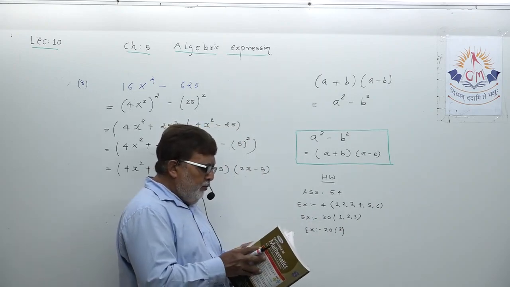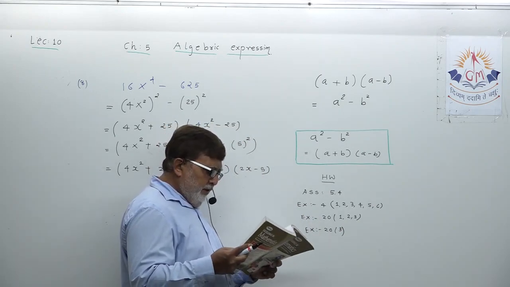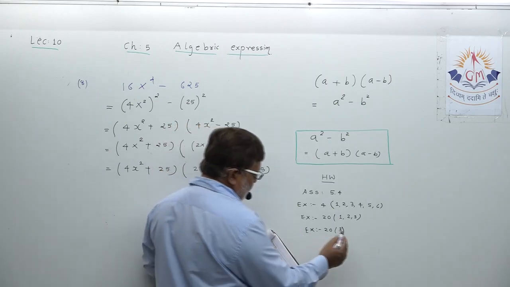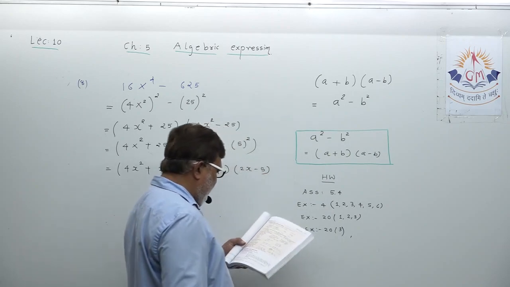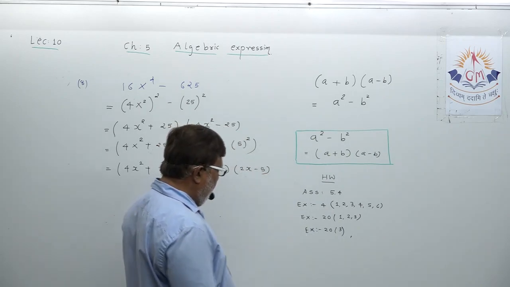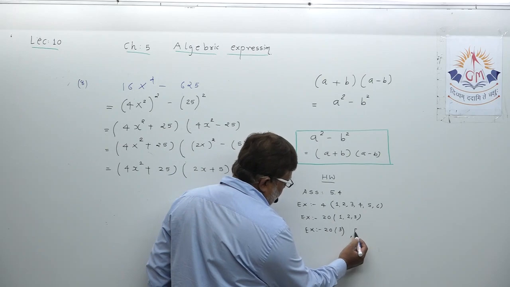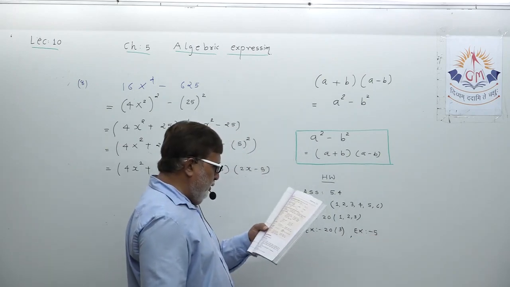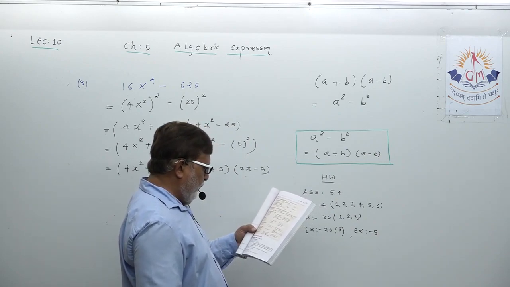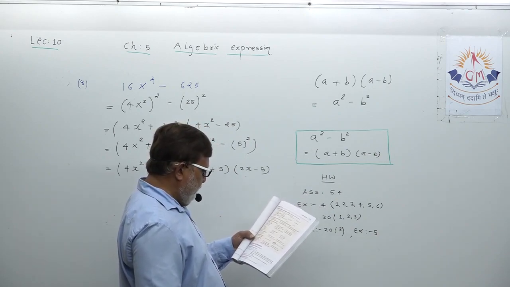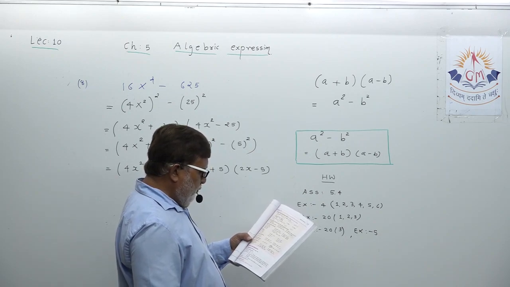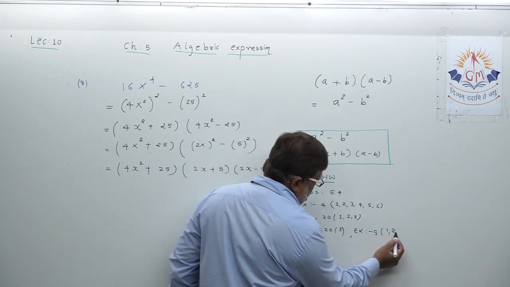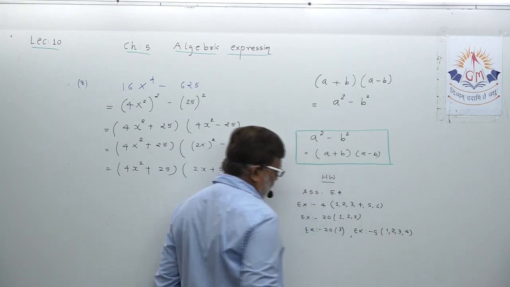And then from assignment 5.4, in this order only, example 5, you have to do numbers 1, 2, 3, 4.